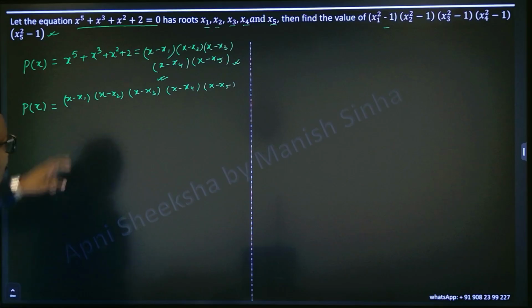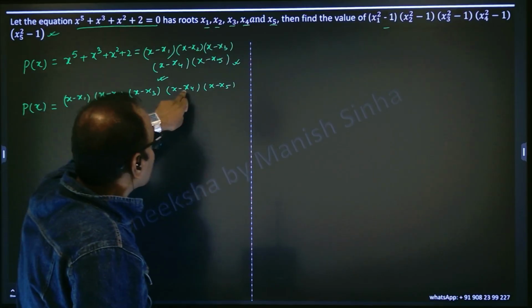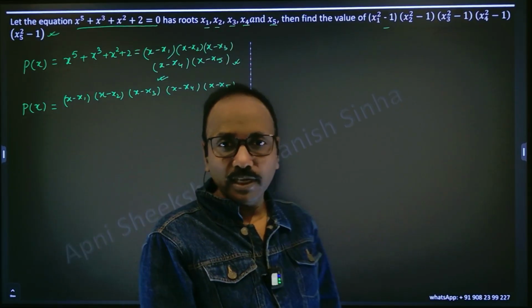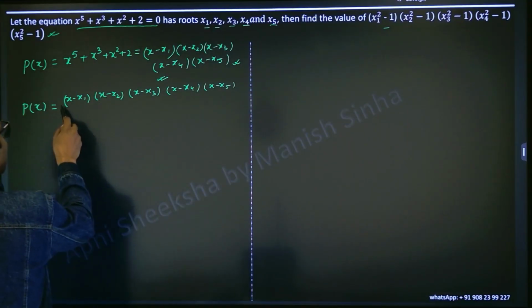You are trying to bring x1 square here, x2 square here, x3 square, x4 square, x5 square.